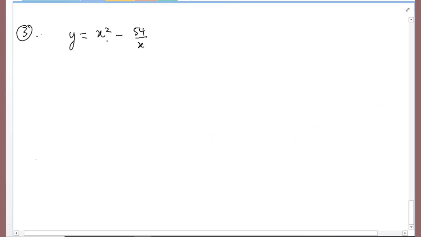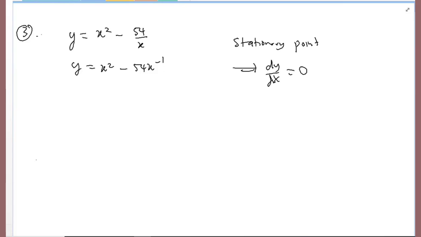y equals x squared minus 54 over x. Stationary point means we need to differentiate and set it equal to 0. That is the work for this chapter: differentiate and set equal to 0.